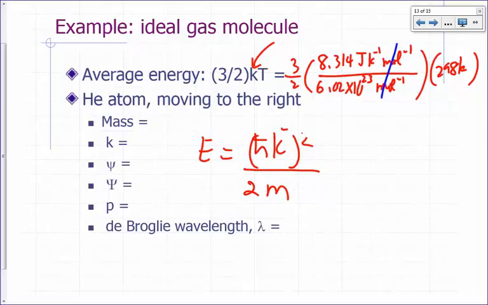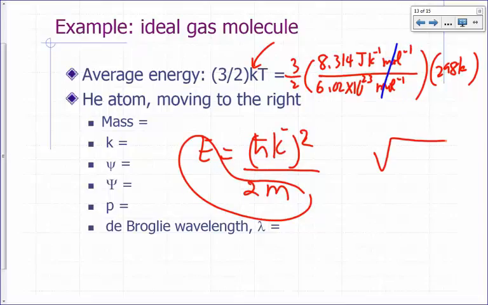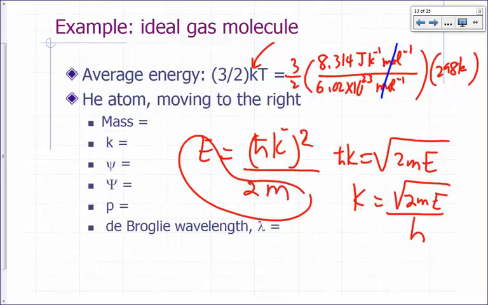So 2m times E, the square root of 2mE, is equal to h bar k. That's your momentum. And k is just the square root of 2mE over h bar.